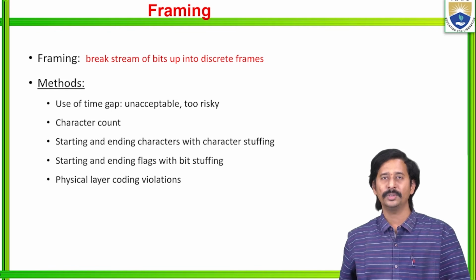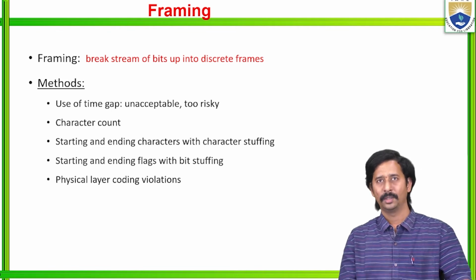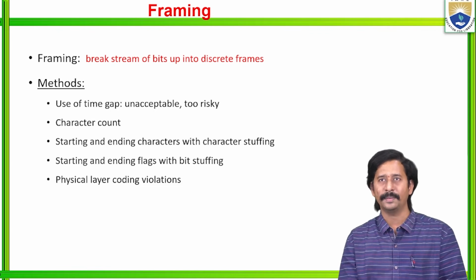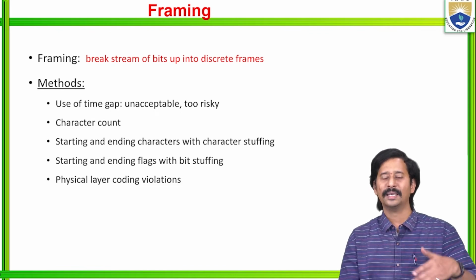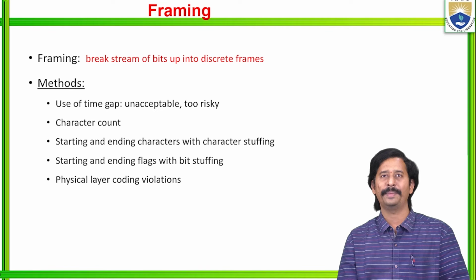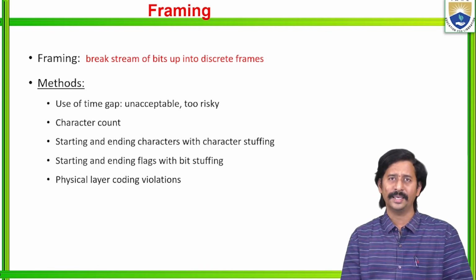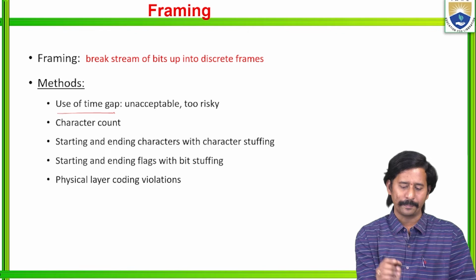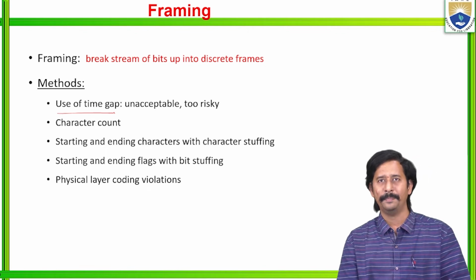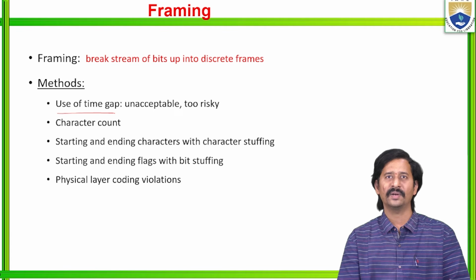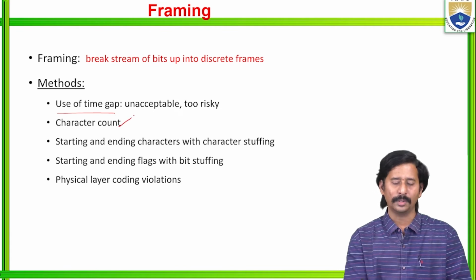Among those design issues, coming to the first one, framing. We know framing means breaking the stream of bits up into discrete frames. So what are the various methods for framing? The first one, the earlier method, is the use of time gaps, which is unacceptable as well as too risky. The second method is character count.